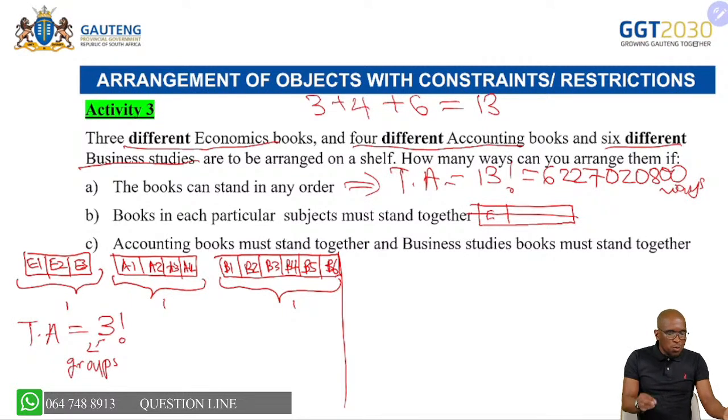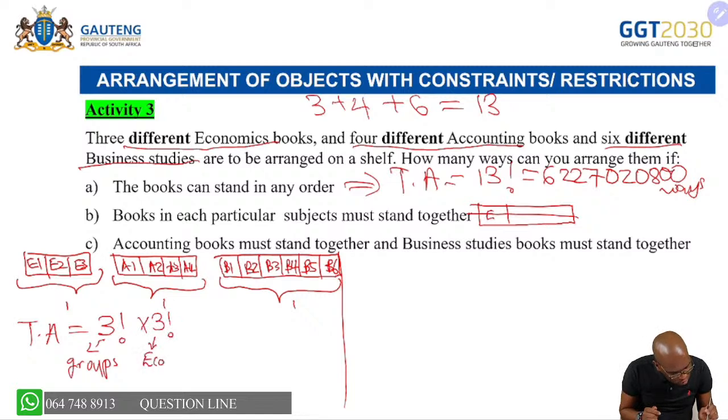Now, within the economics books, we have 3 different books, so they can interchange positions. E1 can start, or even E2 can start. Since there are 3, they can do that in 3 factorial ways. Then we have the accounting books.